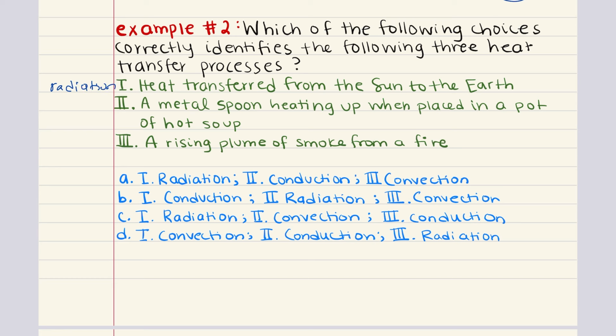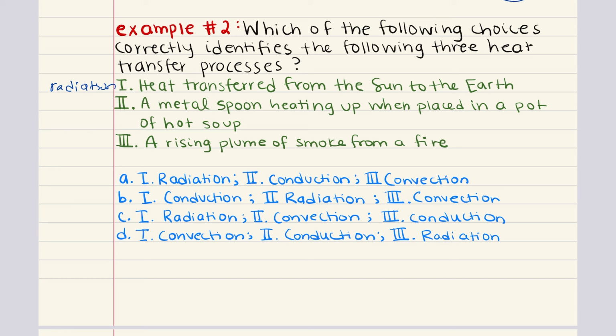What about statement 2? Statement 2 says, a metal spoon heating up when placed in a pot of hot soup. This illustrates conduction. Conduction is the transfer of heat through direct contact between molecules in a solid, liquid, or gas.